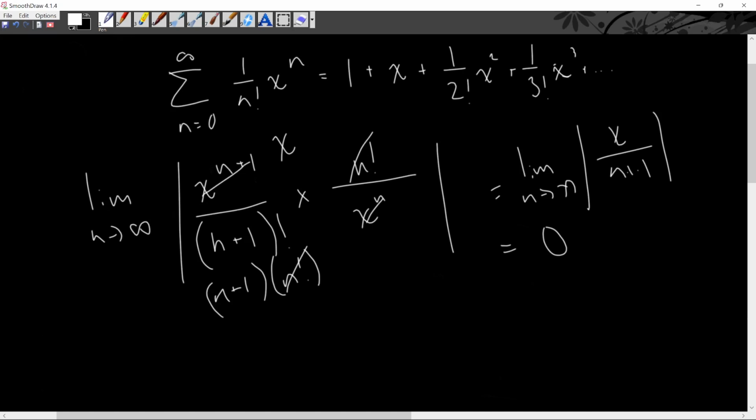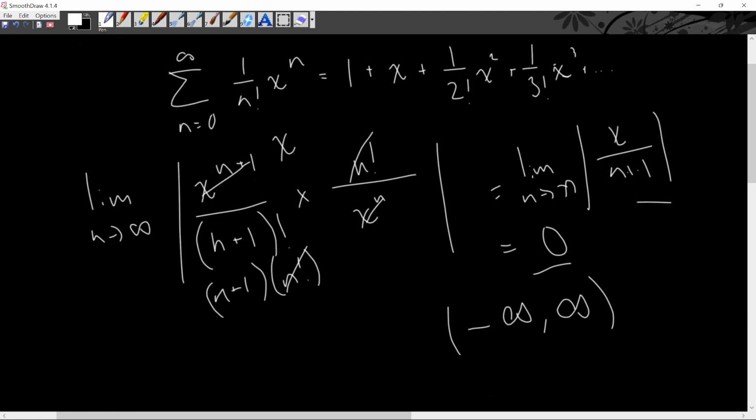There is pretty much nothing to do because this is converging for all values. That means that for all real values of x, so from negative infinity to infinity, this series will converge because this ratio will always converge regardless of what x is. That's what this is saying.